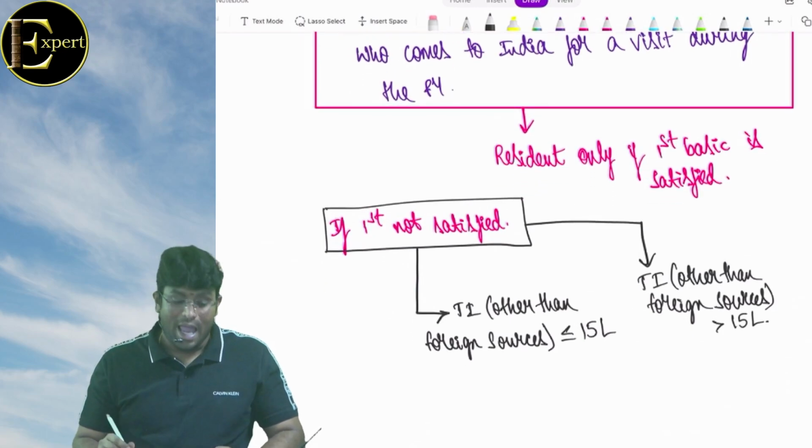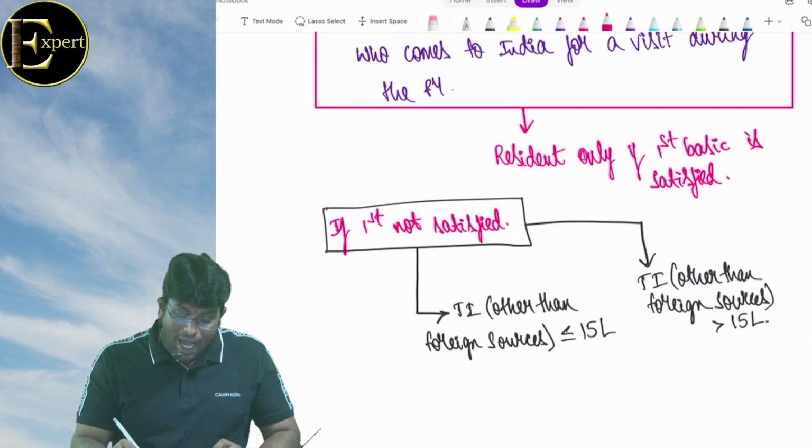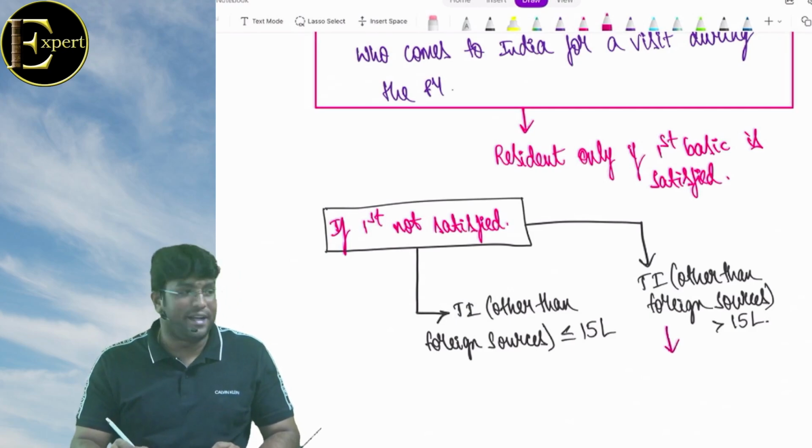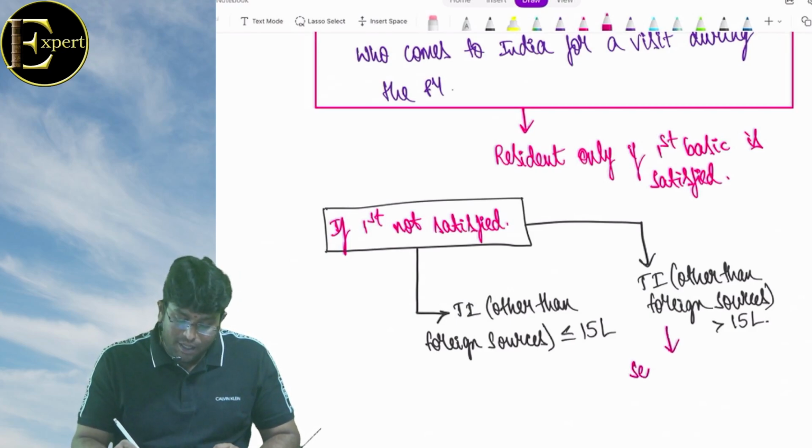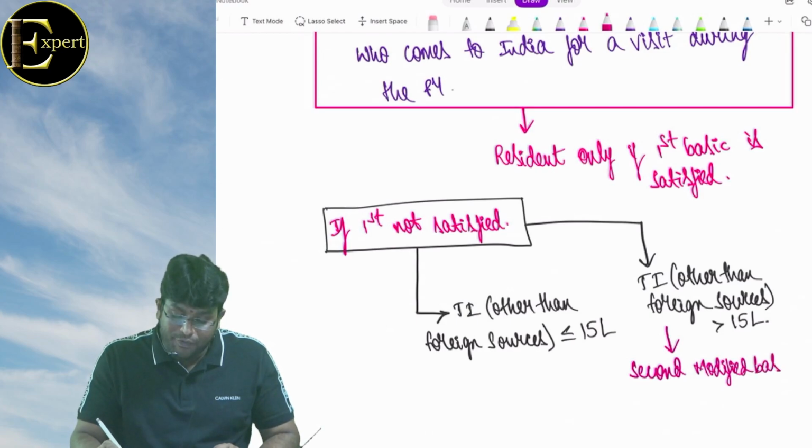Clear, friends? And if total income other than foreign source is greater than 15 lakh, then law is telling second modified basic condition is applicable. Second what condition?